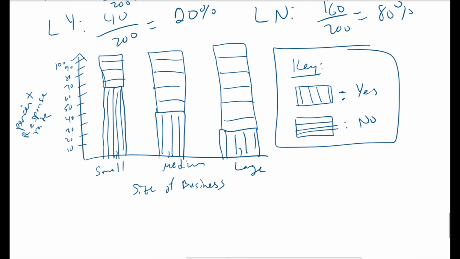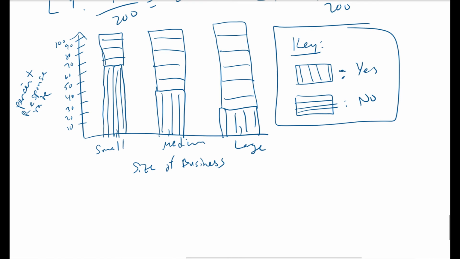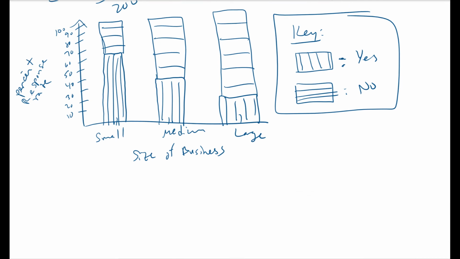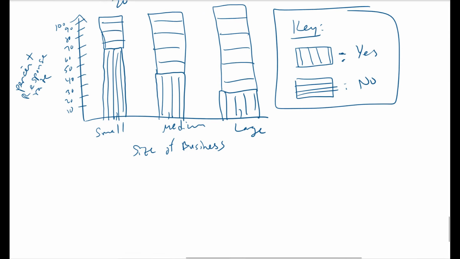So is there an association between the two variables is probably what the next question is going to ask. Determine if there's an association between the size of business and whether or not the business replied to the survey. So, looks like the larger the business, the smaller the response rate. That's what it looks like. There seems to be an association between the response rate and the size of the business.